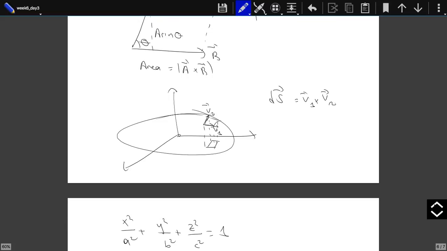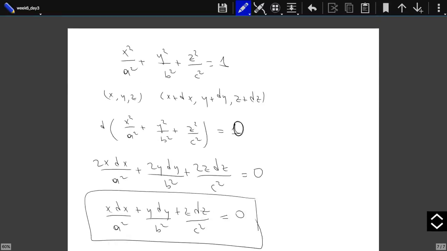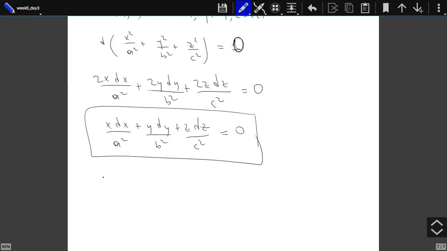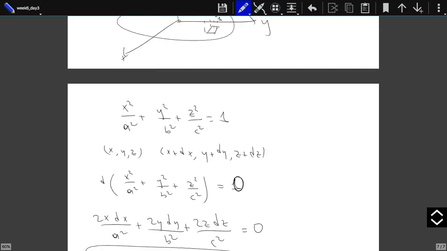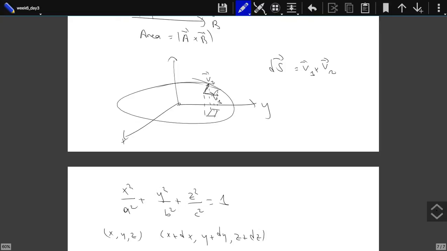Now let's calculate V1. This is dy, this is dx. So we have this very small patch on the xy plane, and I want to calculate the corresponding very small patch area on my surface. Now V1 is along the edge of this patch.